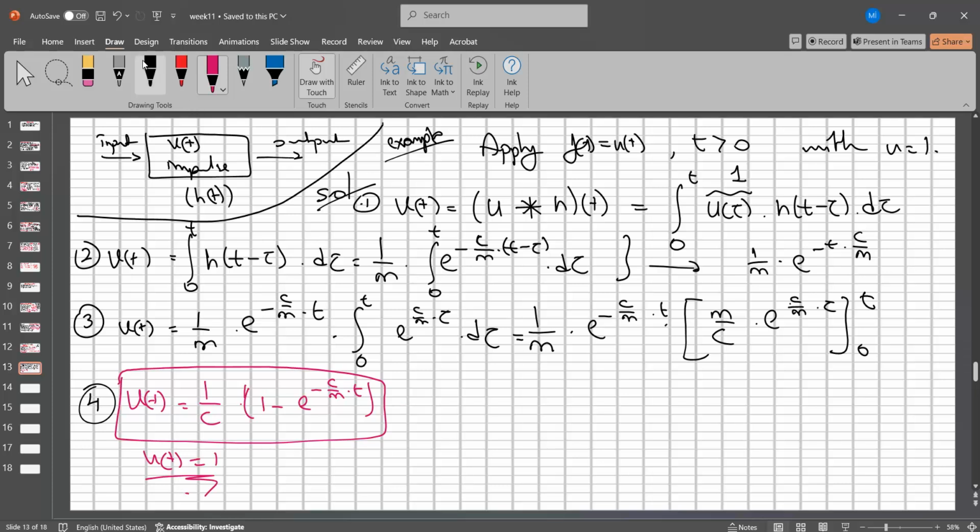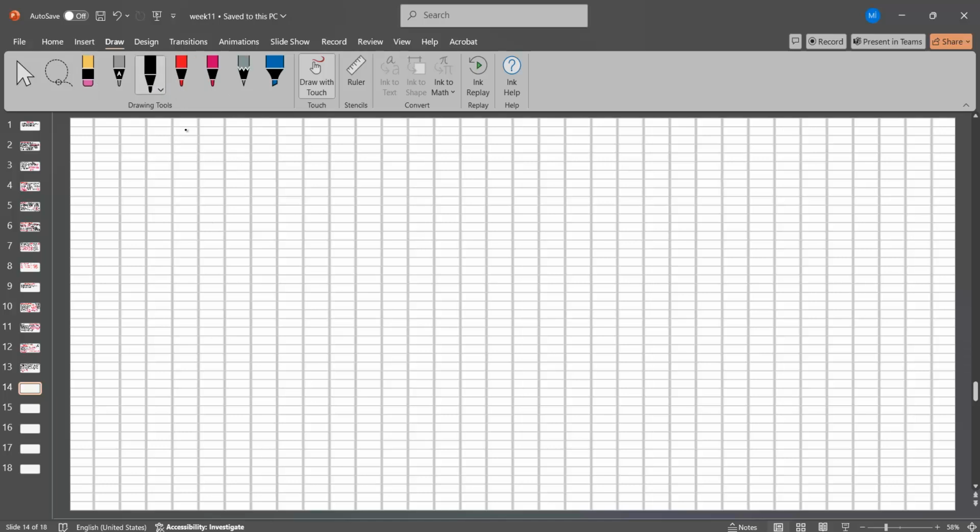But how does it look in the graphs? Just see that we have h(t), also we have u(t). What are the values of the u(t)? This is too small, let me draw on another page. h(t) is the impulse response.